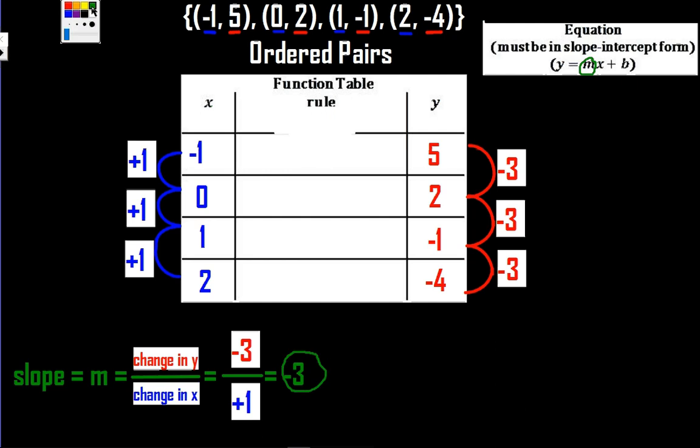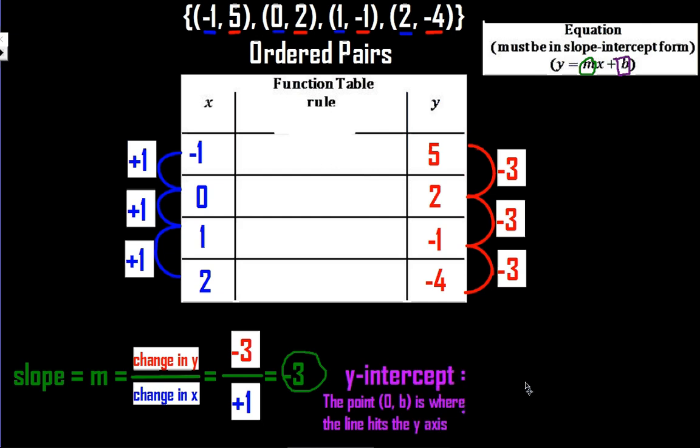We need our b. To find our b, again, we're looking for the point where it hits the graph, and mainly the ordered pair where x equals 0. Wherever x equals 0, that's going to be b.